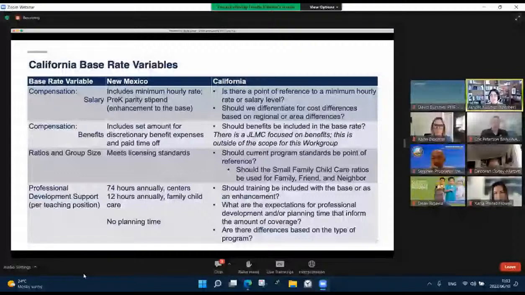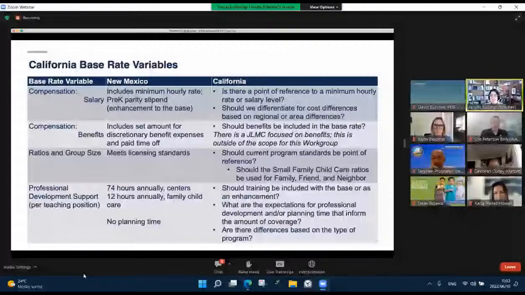We want to give some time to public comment, and this does address some of the other factors that have come up. One of them is non-teaching personnel. In the New Mexico model, there are some assumptions around what would be provided beyond the classroom, for the programs: a director, assistant director, administrative assistants.